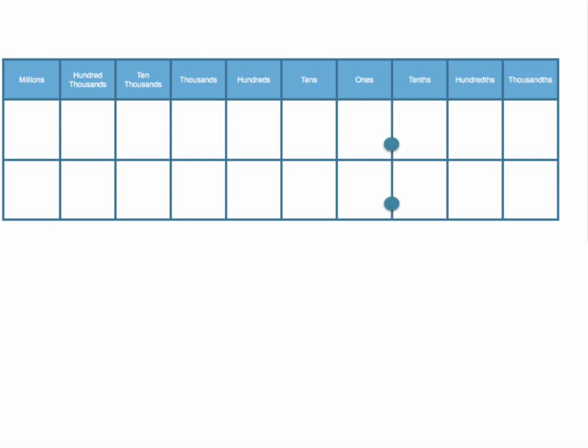So thinking about the previous problem, the problem we just did, I want you to try to get to 10,000 only using the factors 10. And you can use the place value chart that I have on the board. So you want to get from 10 to 10,000 by only multiplying by 10.